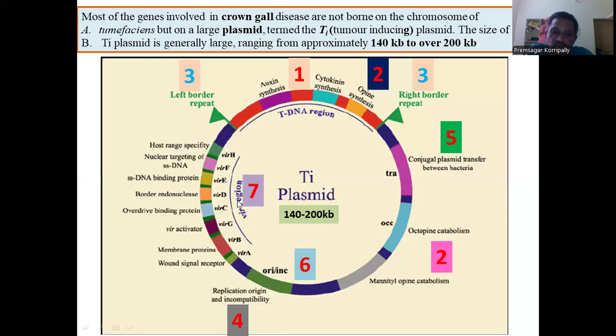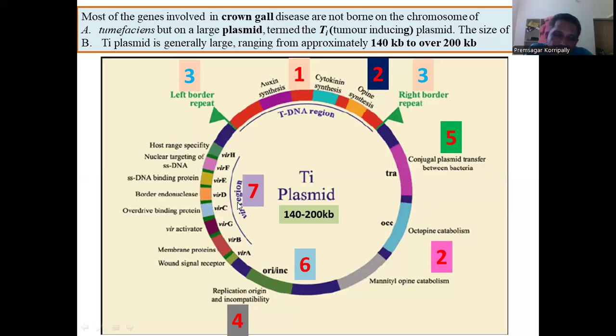And the seventh one is the most important one, that's the VIR genes. The region from here to here is encoded by the VIR genes. These are the actual proteins which help in the identification of the signal, followed by the nicking of the Ti plasmid T-DNA, and its transfer to the plant cell.